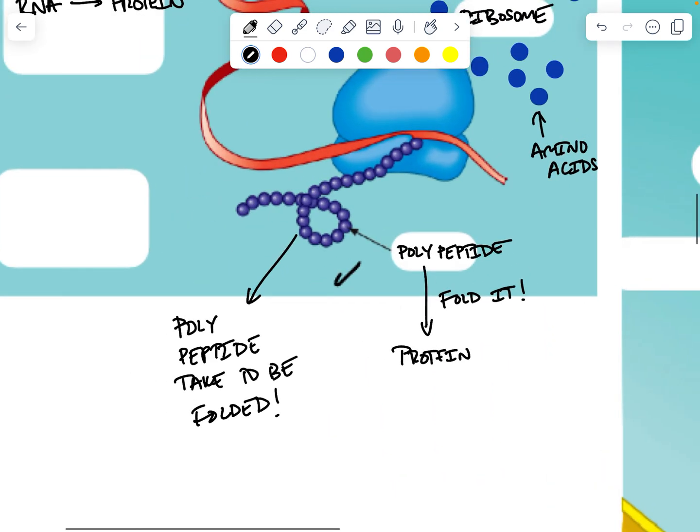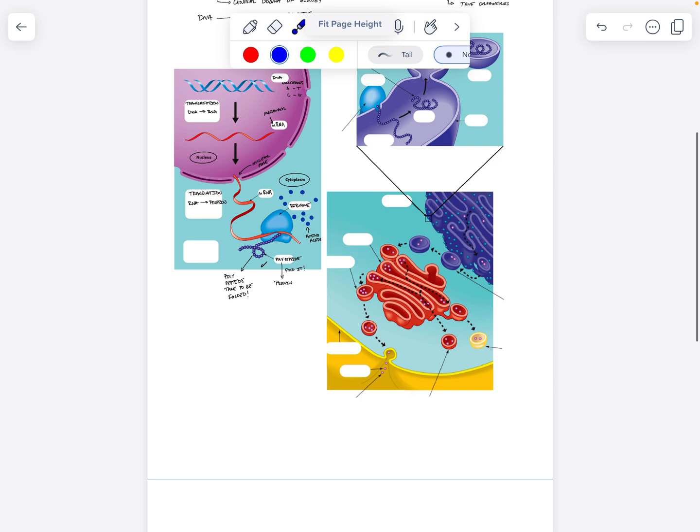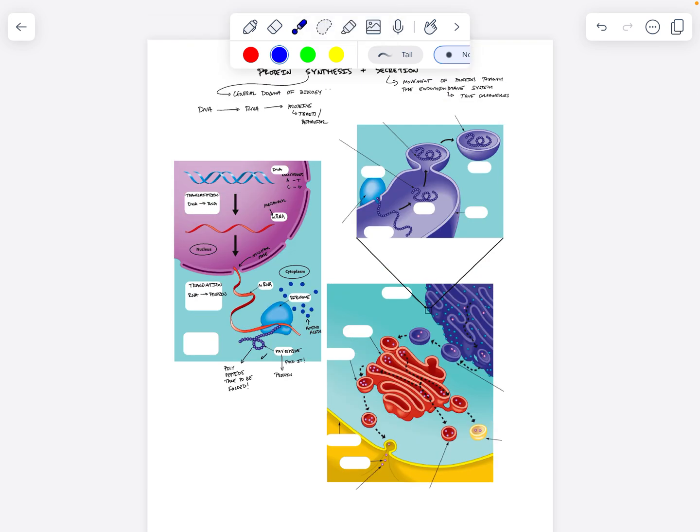You all know that a protein has to be folded in a very specific shape in order to be functional. So in order to go from its linear structure to secondary, tertiary, quaternary structure, we've got to fold it up. That's going to happen in the rough endoplasmic reticulum.